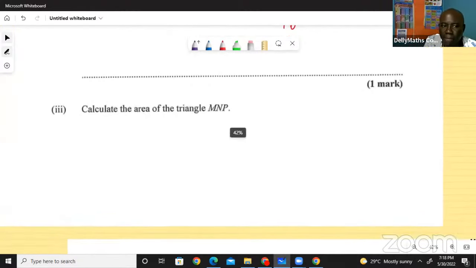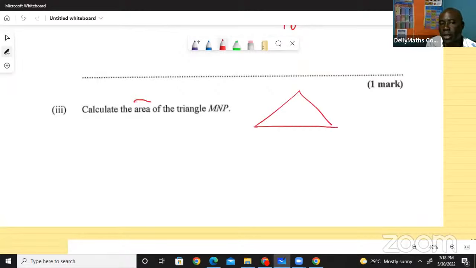This is what they want. If you have a triangle like this, where this angle is at C and this side is A and this side is B, and we know these things, the area of this triangle can be found by just saying half A times B sine C.